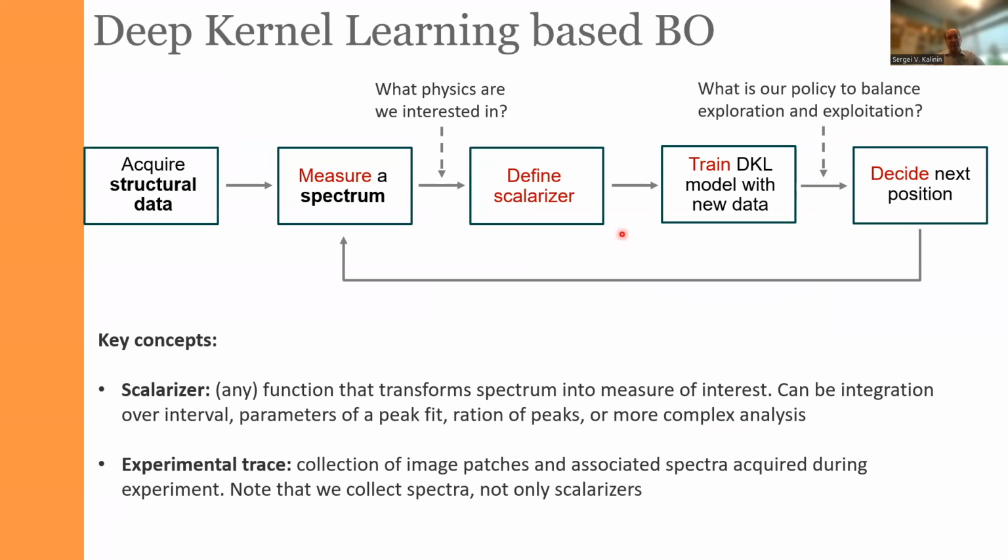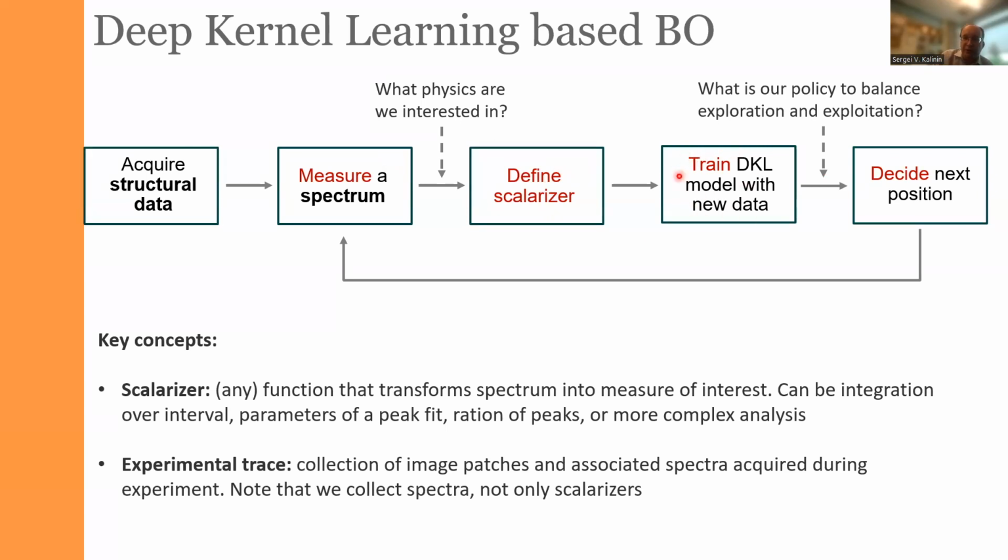So that gives us to the point of kind of looking the whole workflow of the deep kernel learning based Bayesian optimization. So we start with the structural data. We measure a spectrum. It can be EELS, it can be Ronchigram, it can be anything depending on what type of experiment you run. You define the scalarizer. So ultimately, this is the functionality that you want to optimize for.